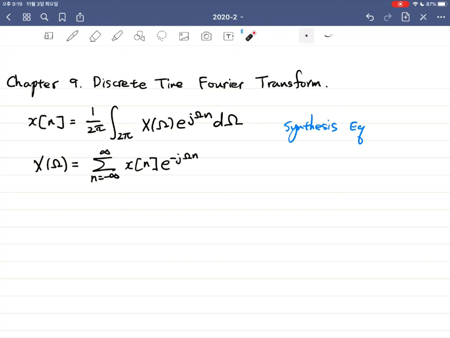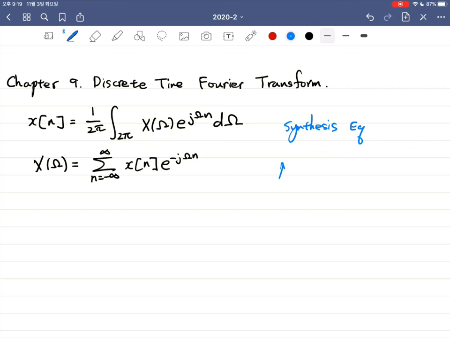And the synthesis equation is about expressing x[n] as a Fourier transform. So you decompose the signal x[n] as a linear combination of complex exponentials with amplitude, which is proportional to the Fourier transform. I'm going to write that down, okay?